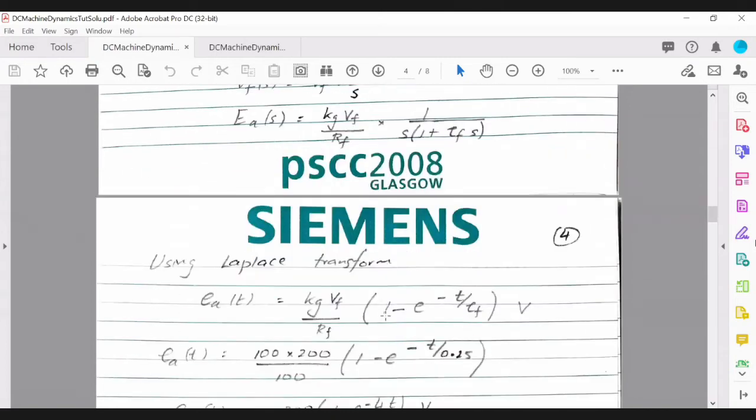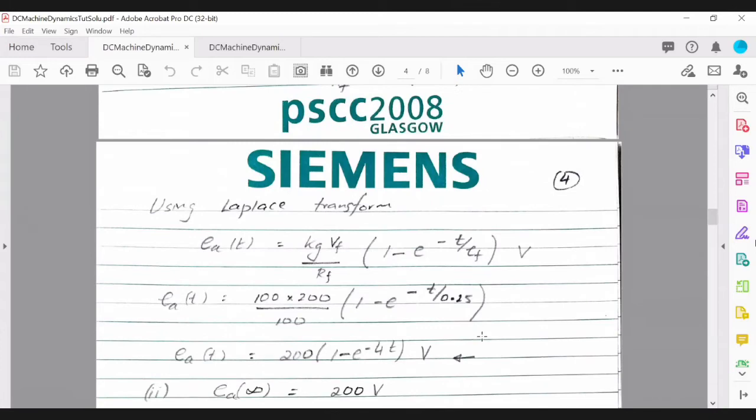So substituting, you will end up with this expression, which can basically have the inverse Laplace applied to it, and you end up with this expression for the voltage for the armature in the time domain, where you have basically Kg times Vf over Rf into 1 minus exponential of minus 1 over tau times t there.